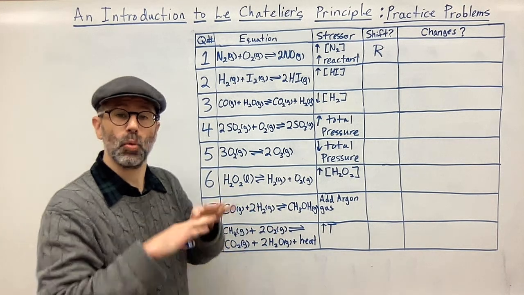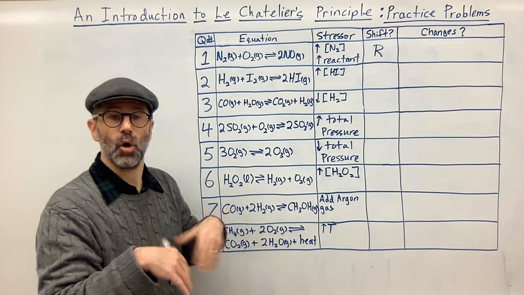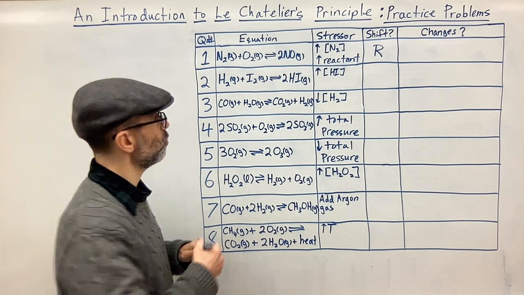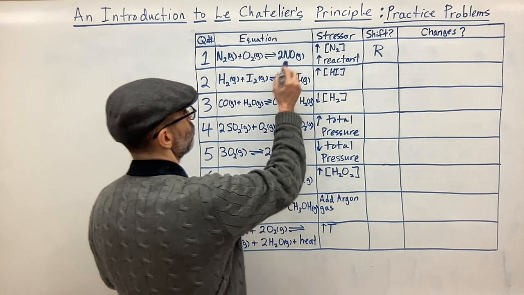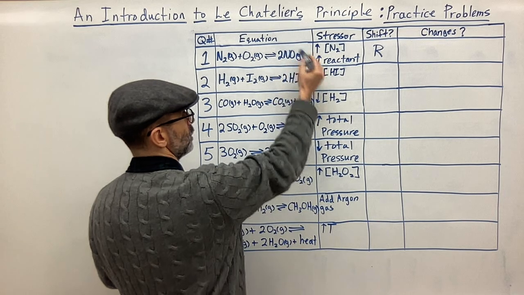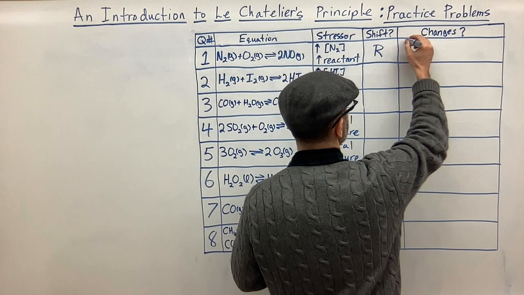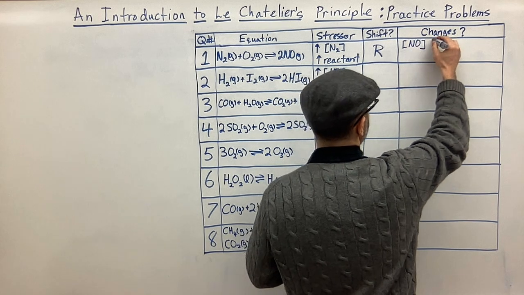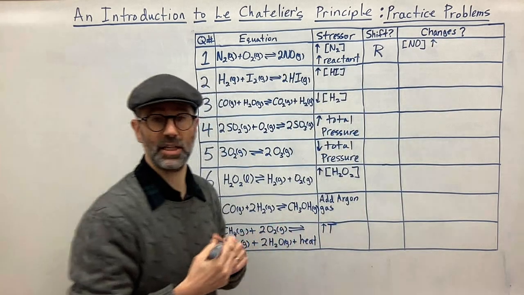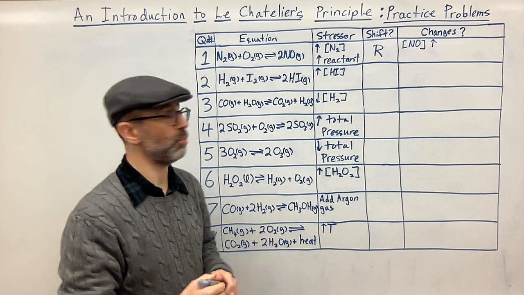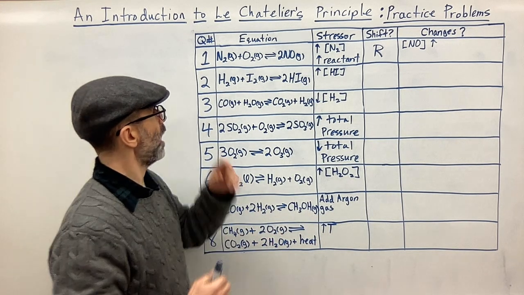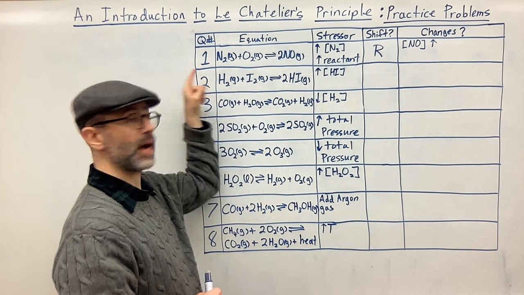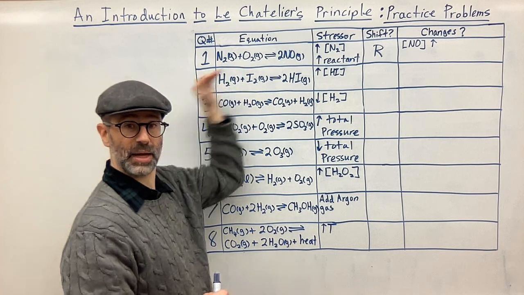So what are the changes, once it reaches equilibrium again, to our concentrations? Well, since we're making more product, the concentration of NO is going to have to increase. So that's going to be increased at the new equilibrium. And our oxygen is going to be used up because we're trying to take our reactants and make more products.